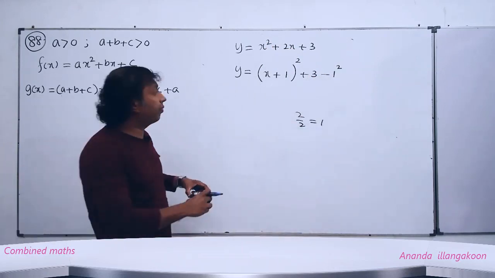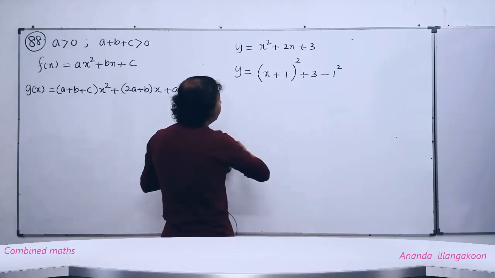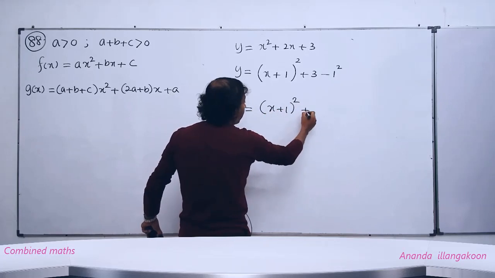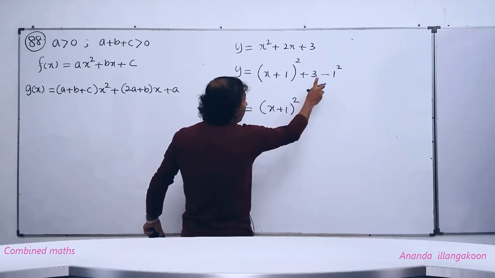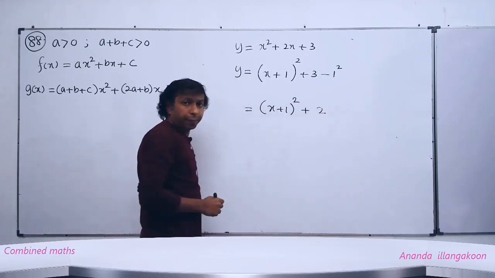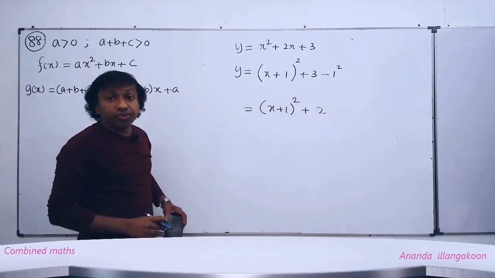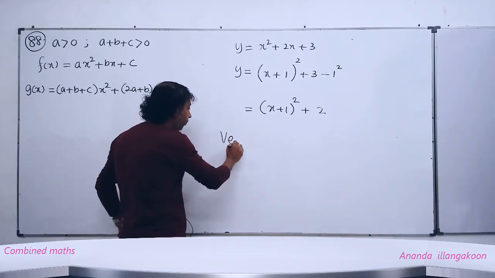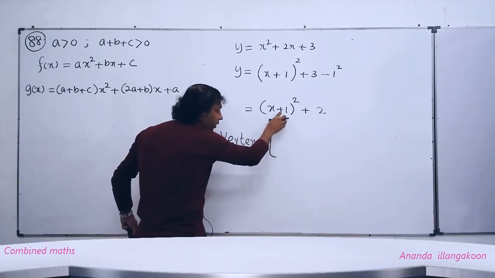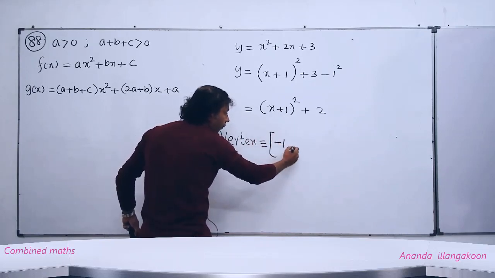Then, can you remember, people, we decided the x coordinate of the vertex and y coordinate of the vertex by using this. Here 1 squared is 1, 3 minus 1 is 2. People, the x coordinate of the vertex we obtain how? By changing this sign to opposite, minus 1.